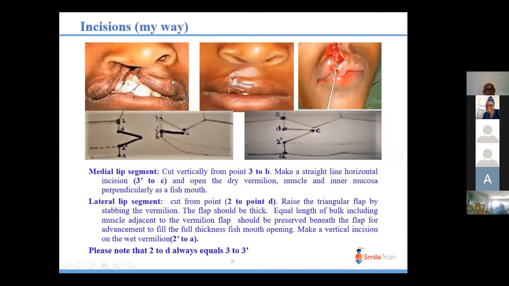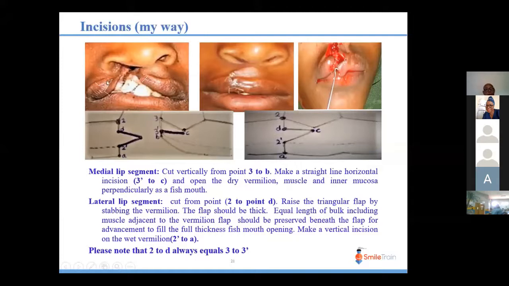You really subtract this distance from this distance, then you can see how much deficient it is, or you can measure this, and then minus this, you can really know how much flap you need. And then also the horizontal length of my flap will be based on this distance. So I make sure that the tip reaches the midline. So I really do my incisions in here.